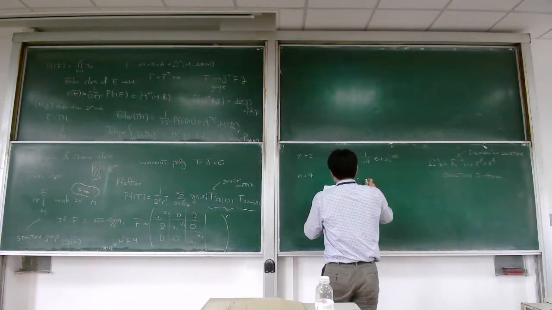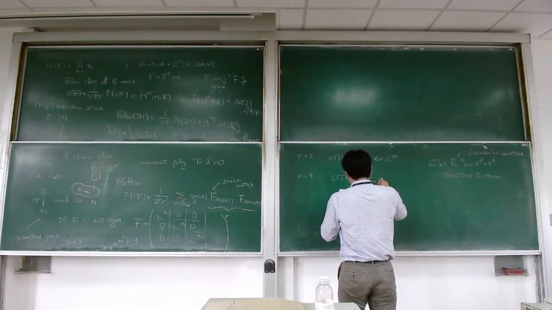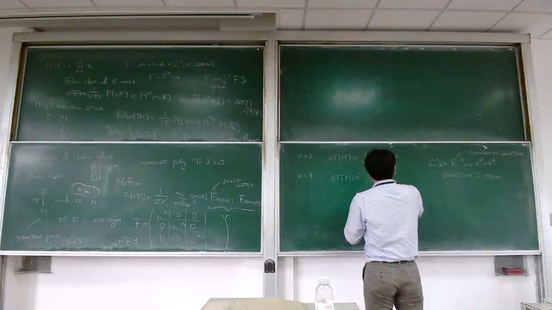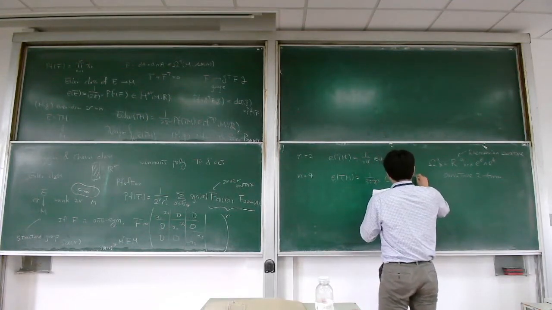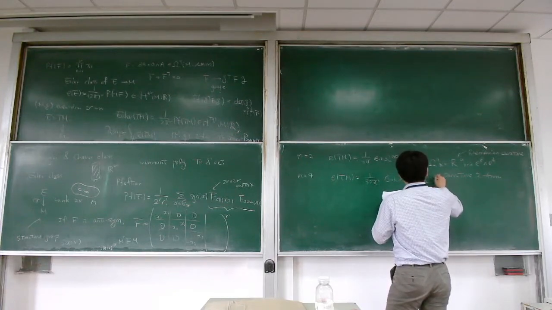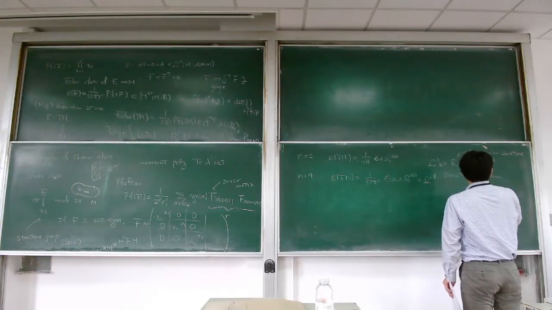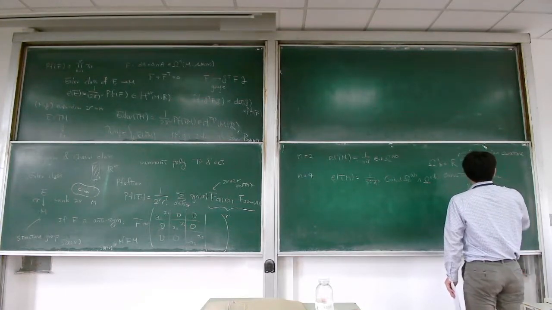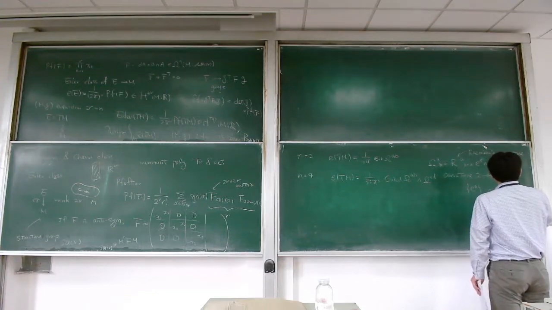The Euler class of the tangent bundle is indeed 1/32 pi squared epsilon A, B, C, D, omega A, B, omega C, D. Here, the e_A is the orthonormal frame.